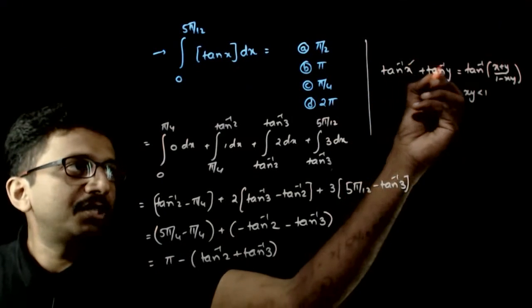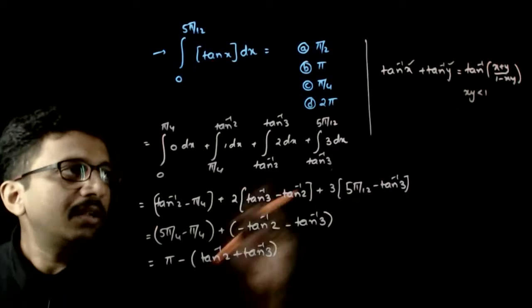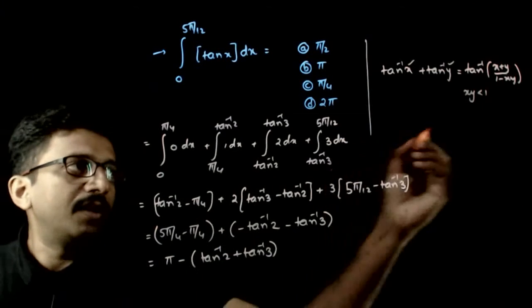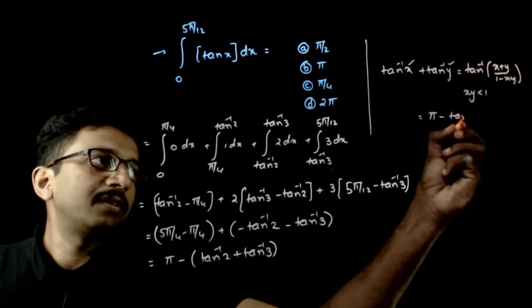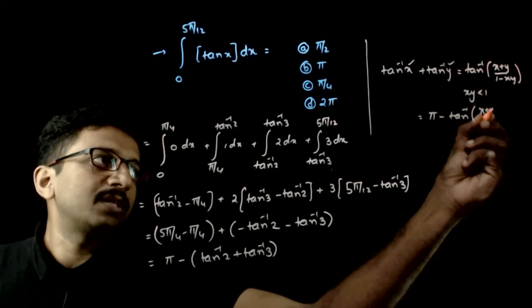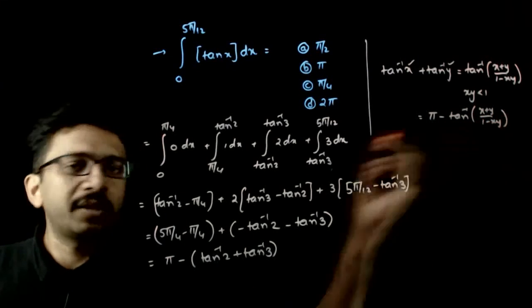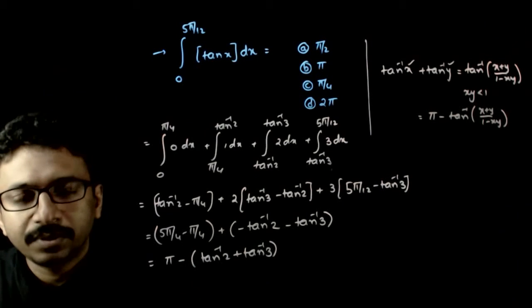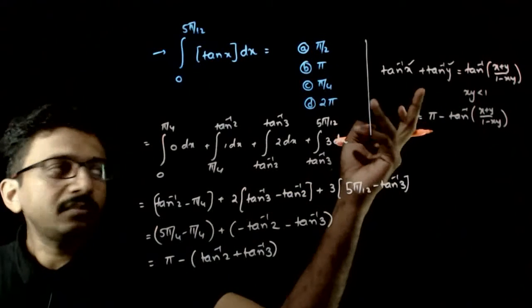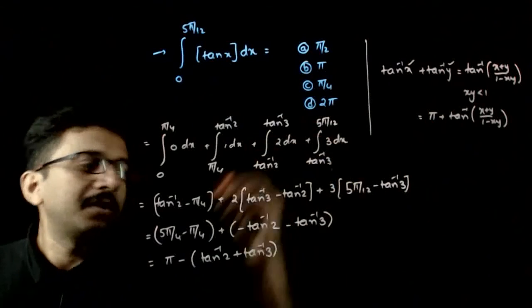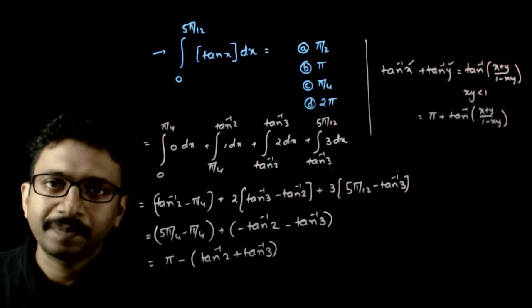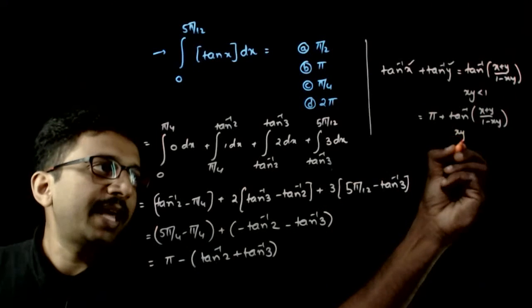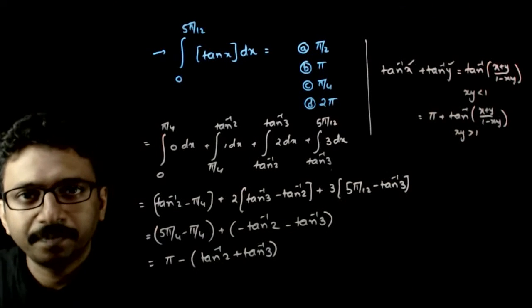When the product is greater than 1, the formula is π plus tan inverse of (x plus y) by (1 minus xy).